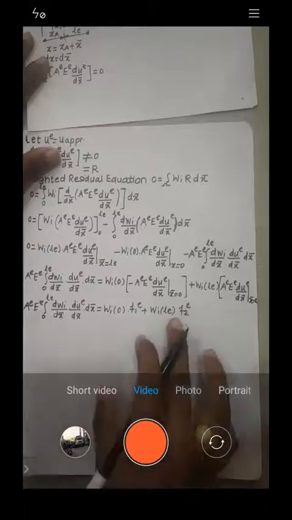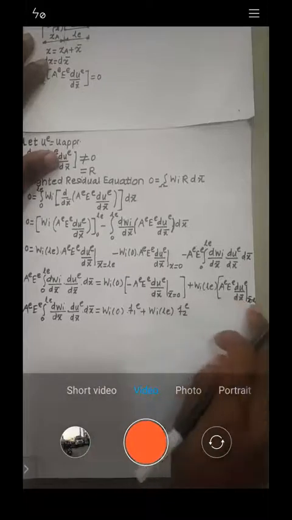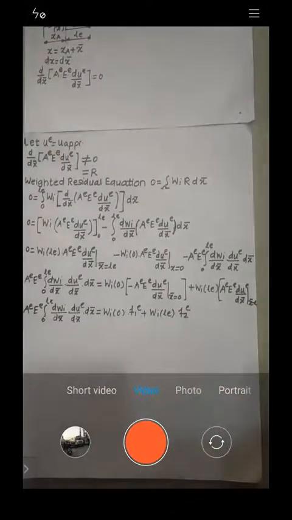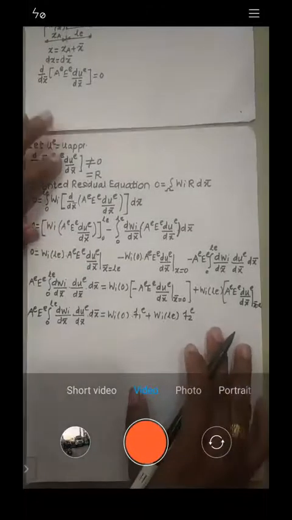Is it okay? This is F1E, this is F2E. Understood or not? Let me know. Clear? Is it okay or not?